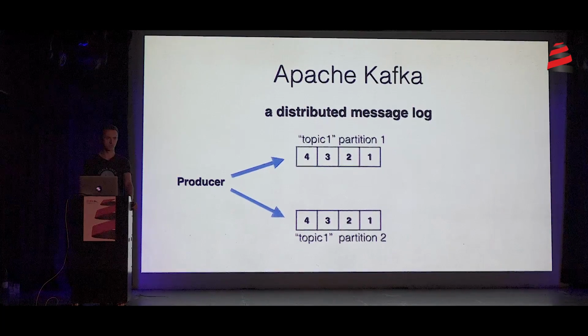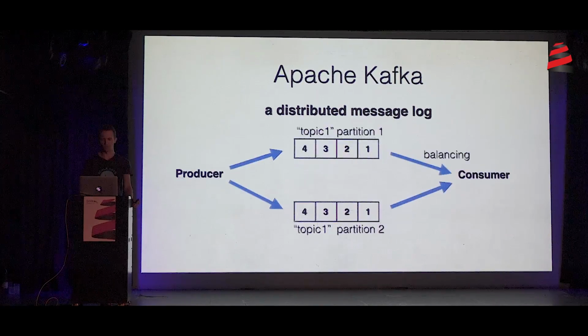So when we have a producer writing to a cluster, the cluster will take care of dividing messages into partitions. And we have a consumer reading from a cluster. The consumer can be accessing the log without thinking about partitions. So the division into partitions can be transparent for consumers.